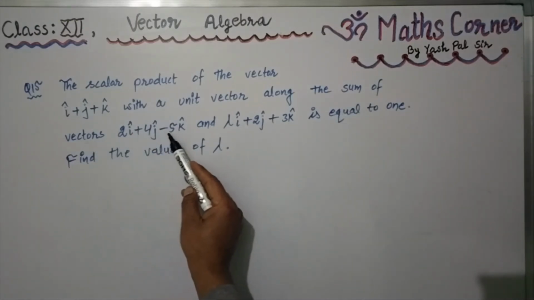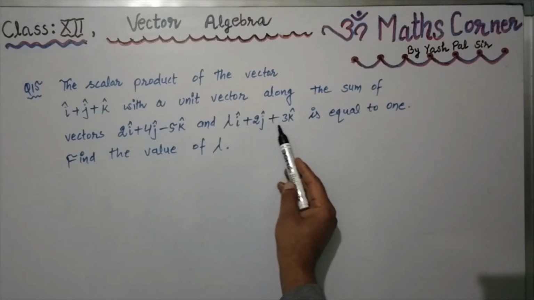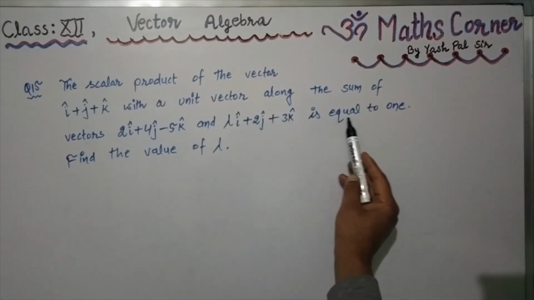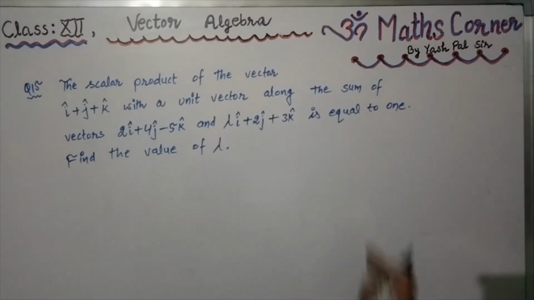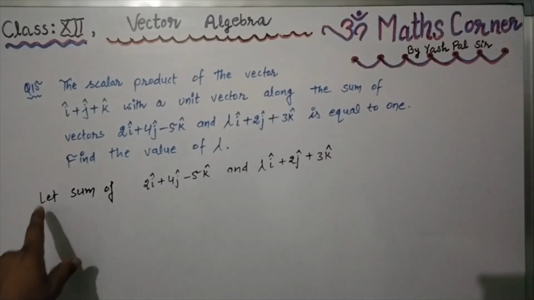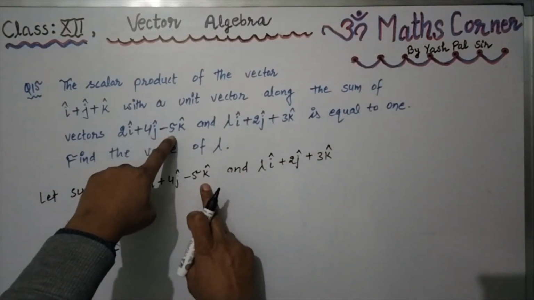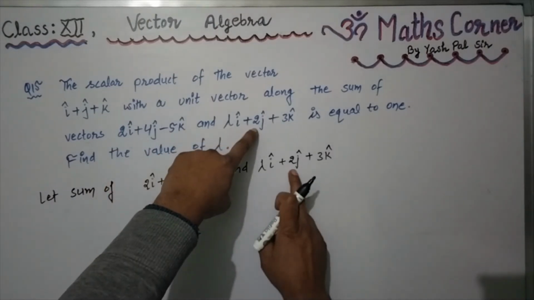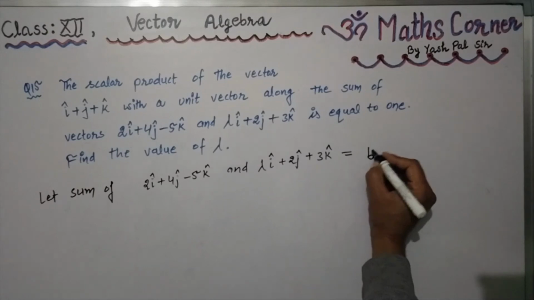Now next question. Question number 15. The scalar product of the vector i plus j plus k with the unit vector along the sum of the vectors 2i plus 4j minus 5k and lambda i plus 2j plus 3k is equal to 1. Find the value of lambda. First of all, we find the sum of these two vectors.